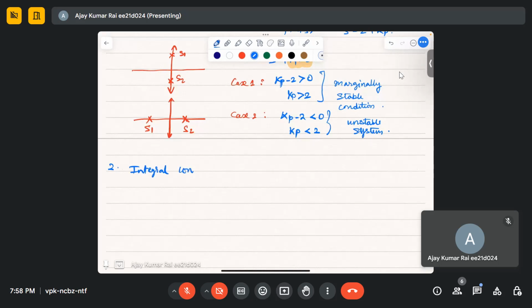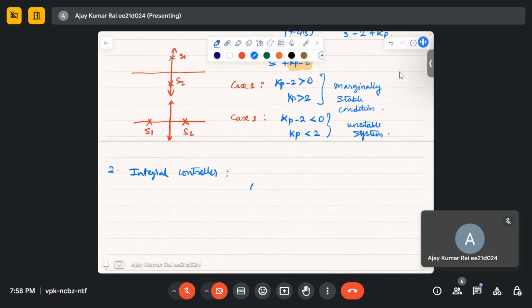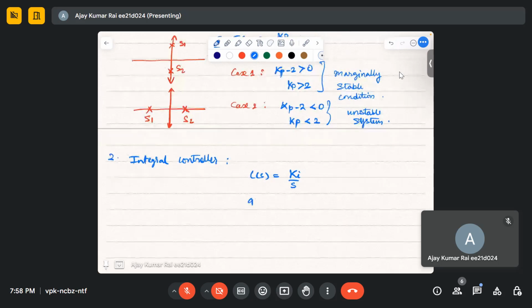We don't have time. If we take the integral controller, its transfer function is equal to Ki by S, where Ki is the gain. So what is G of S? G of S would be equal to Ki into 1 over S square minus 2.